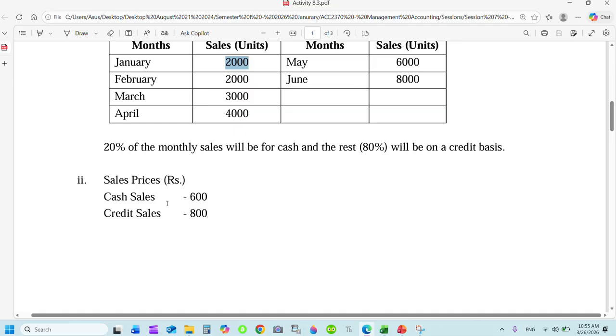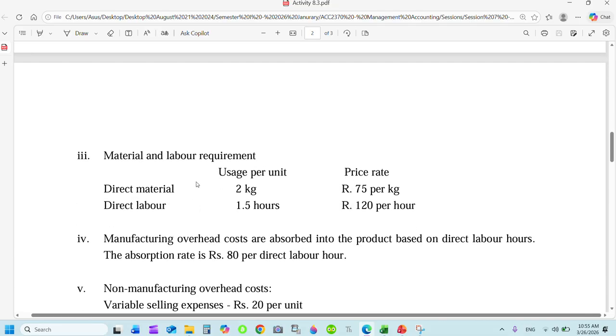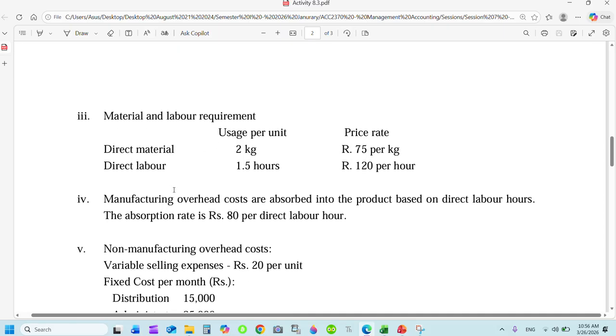And when it comes to pricing, you have two different pricing policies. For the cash sales, your price is 600 rupees per unit, credit sales 800 rupees, and material and labor requirements. You can see direct material per unit, you need 2 kgs, and cost per kg is 75 rupees.